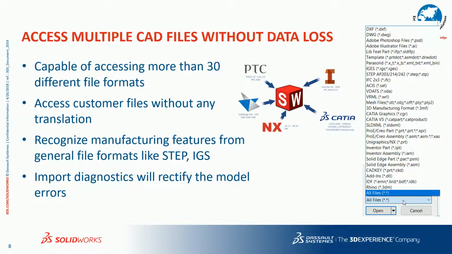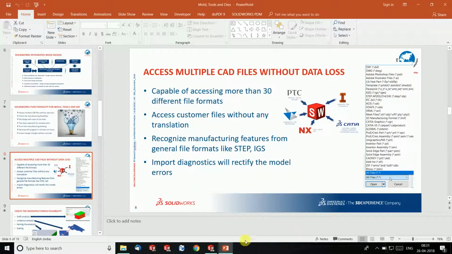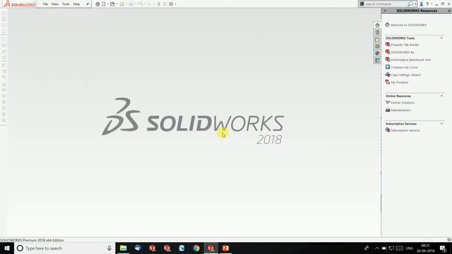And once you import those files, you can also get the feature history of the files by using the Instant3D or feature recognition tool inside SolidWorks. So you don't want to spend your time recreating all those things to make any modification in the customer part. In the display, you can see more than 30 different file formats you can access inside SolidWorks without any translations. So let me quickly get into the software to show how it works.